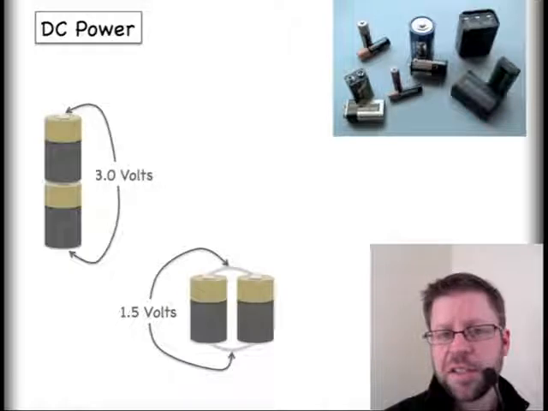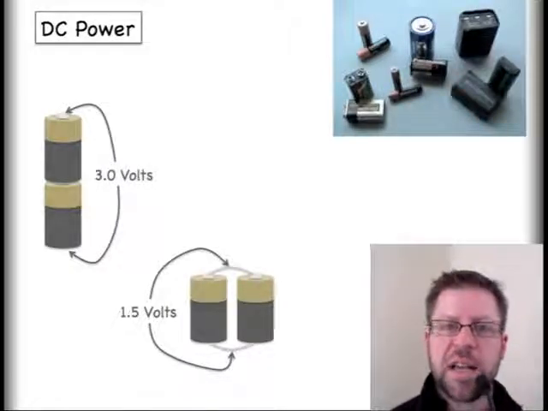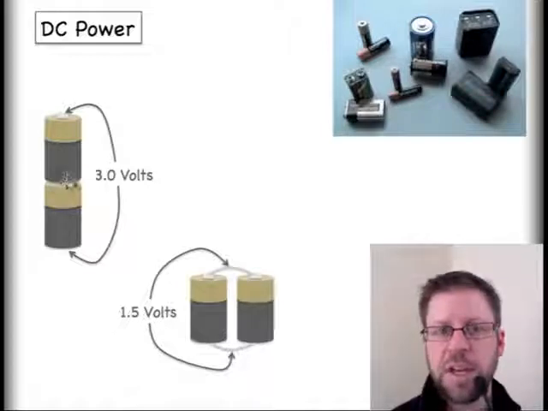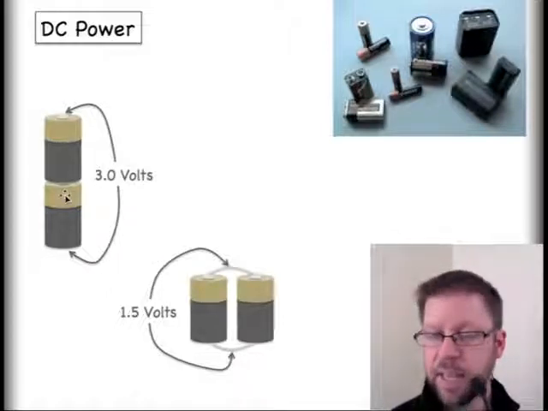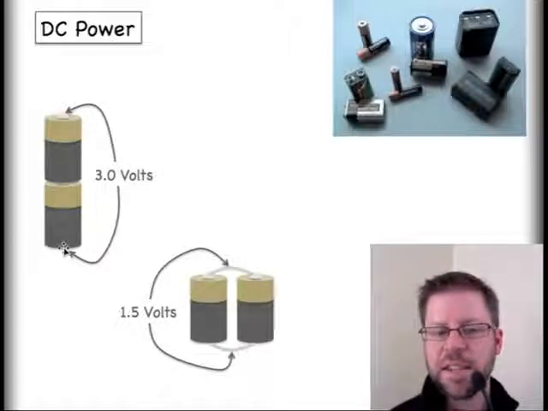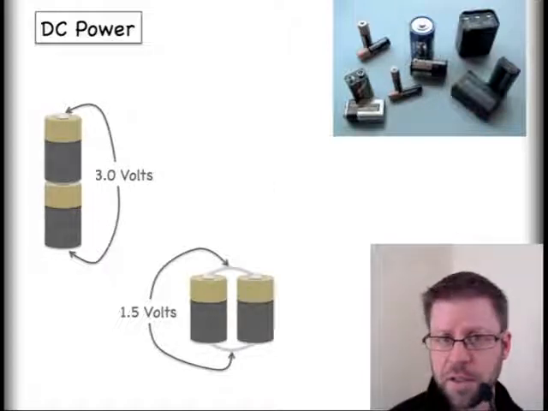In other situations, you'll see batteries stacked one right on top of the other. If you think about why this works, again, remember that anytime 2 conductors are touching one another, they will immediately go to the same electric potential. So in this middle location, the negative terminal of the top battery is now at the same electric potential as the positive terminal of the lower battery, which means that I've now increased the voltage across this negative terminal all the way up to this positive terminal by a factor of 2 because there are 2 batteries.